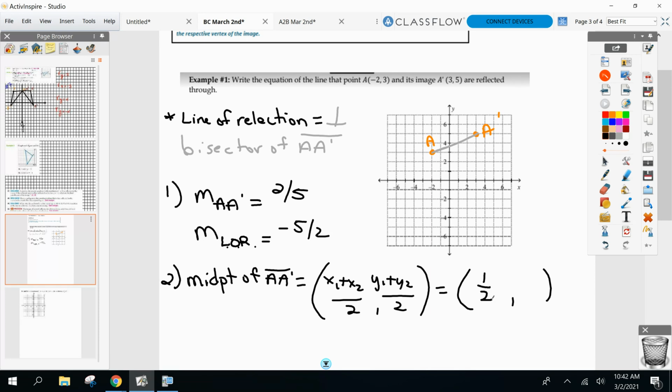I got 1/2, 4. You got it correctly. Good job, Emma. 1/2, 4. So there's the midpoint.